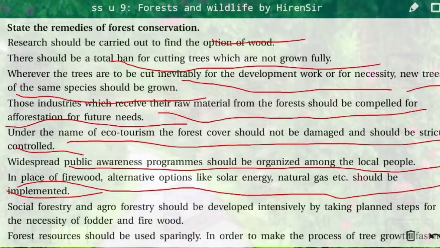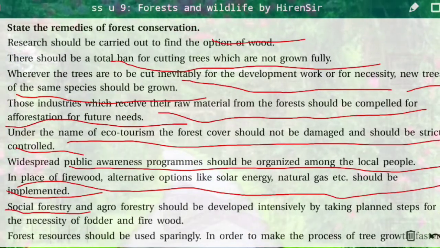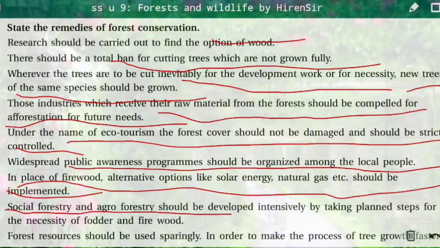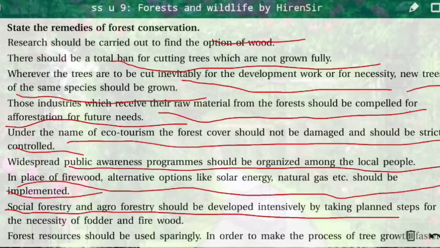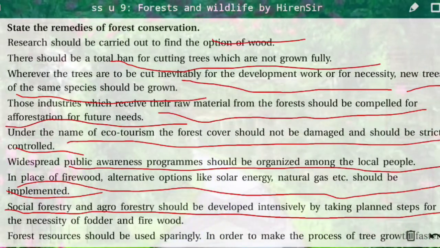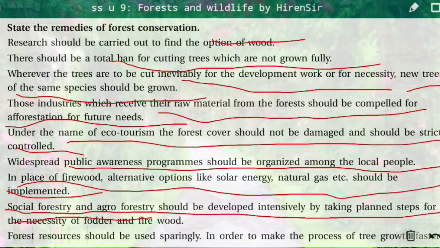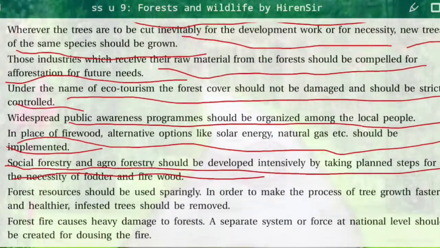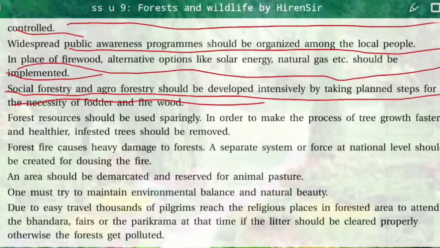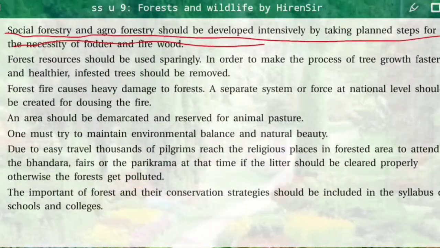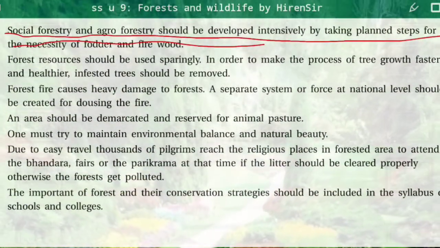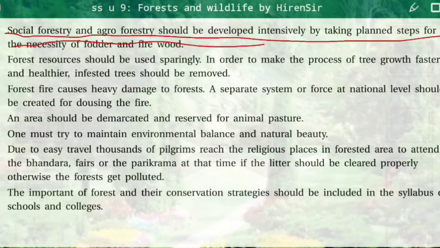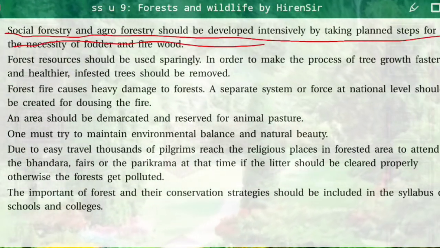Next, social forestry and agroforestry should be developed intensively by taking planned steps for the necessary fodder and wood. Forest resources should be used sparingly in order to make the trees grow faster and healthier.